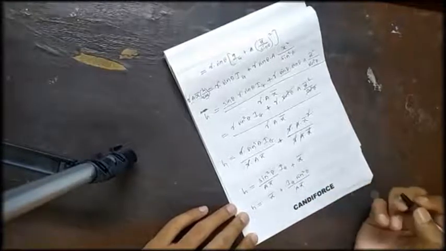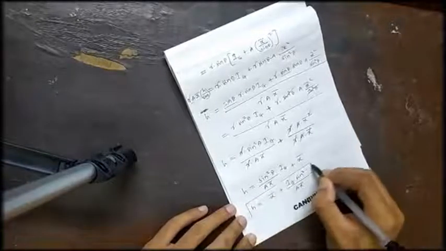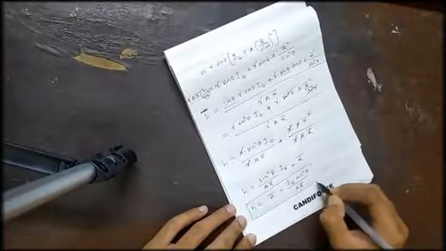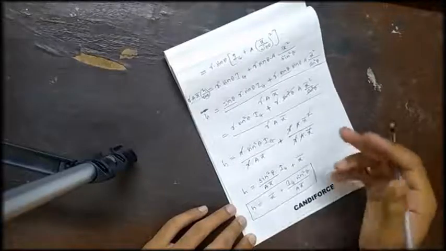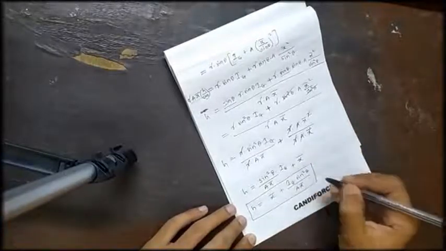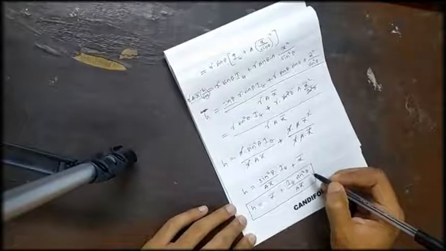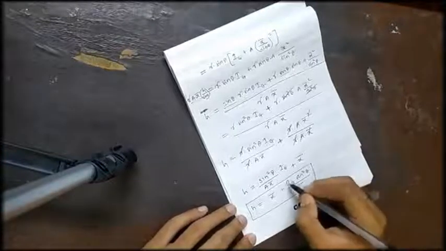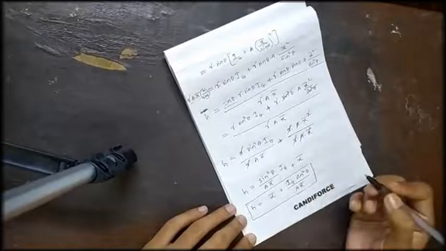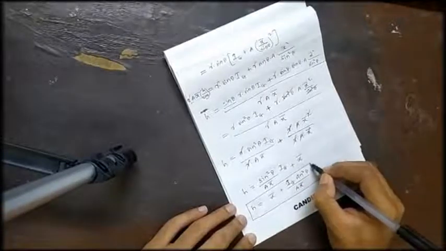So this is our center of pressure for the inclined plate, and this plate is kept in a stationary fluid, or static fluid.